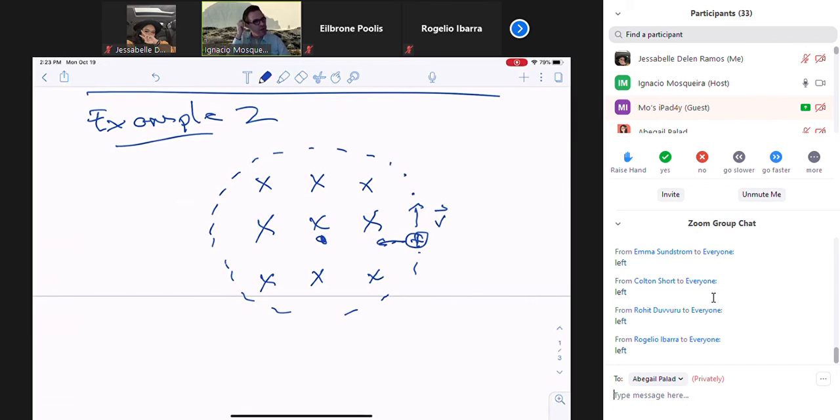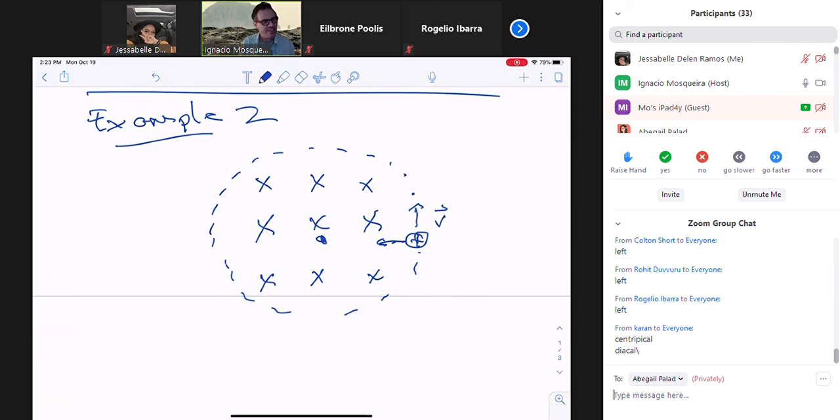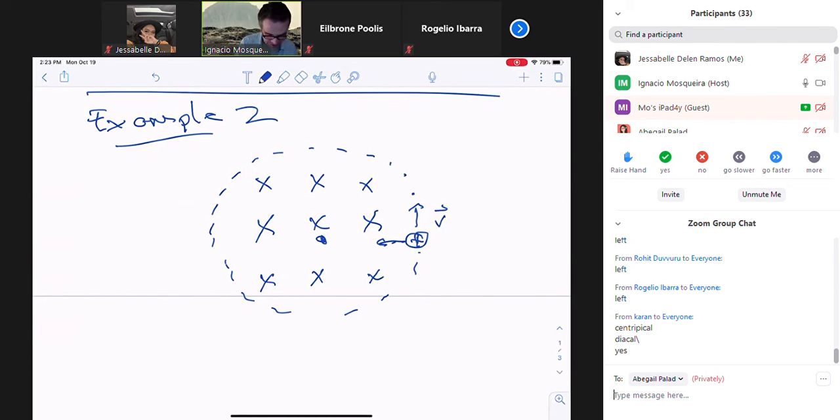Can somebody remind me of what it was that, what do you call that acceleration? What? Yeah, centripetal, correct. Centripetal, yes, don't worry about it. Centripetal is fine. I'll type it. Right.